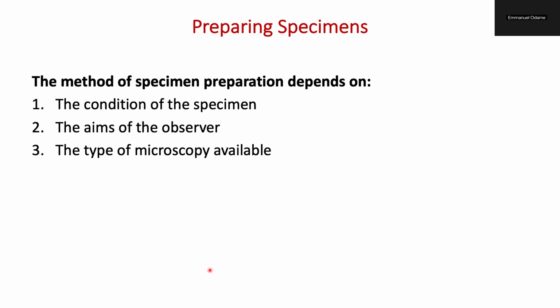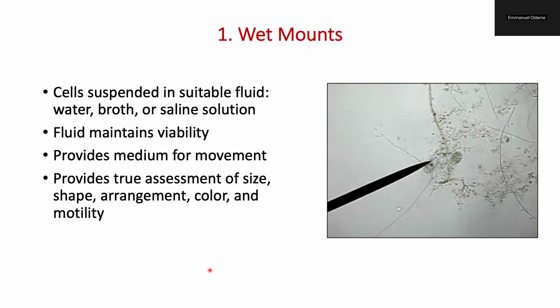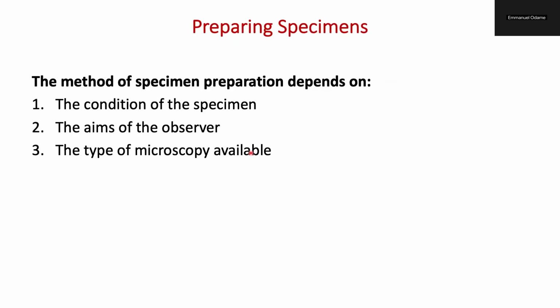It means you don't have access to a fluorescent microscope. Then you can employ a different microscope that will help you to tell the different cell compartments. So you can use an electron microscope for this if you don't have a fluorescent microscope. So those are the three conditions: the type of specimen you have, the aim of the observer, and the microscope you have available.